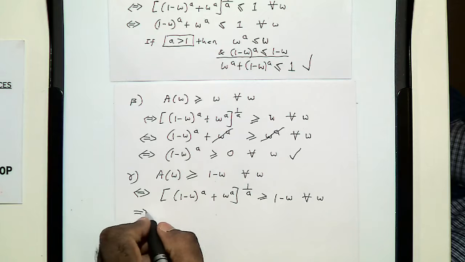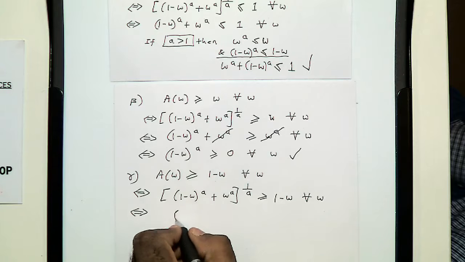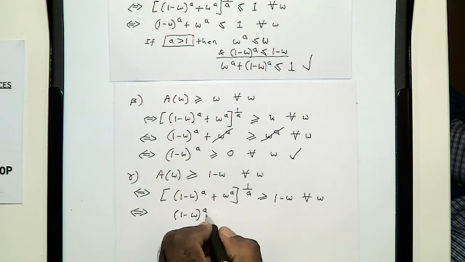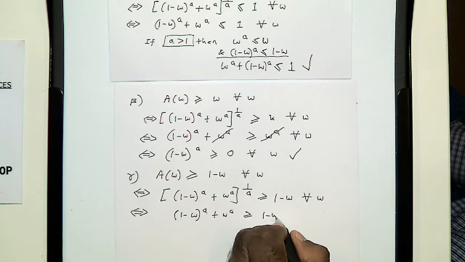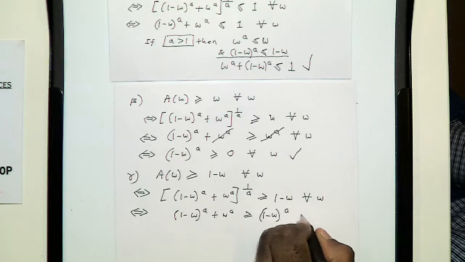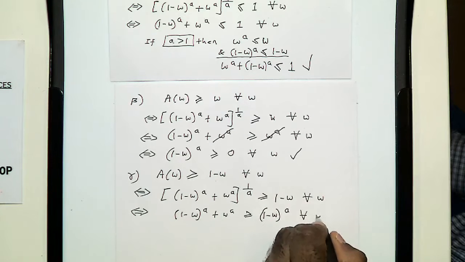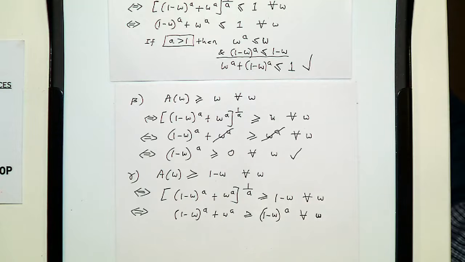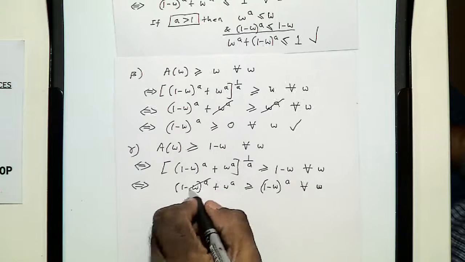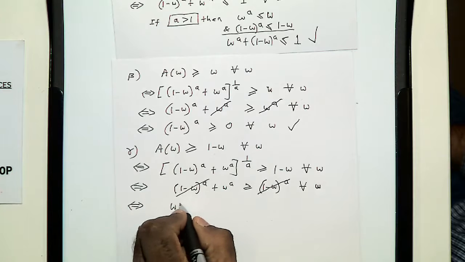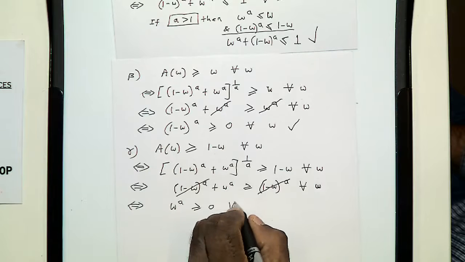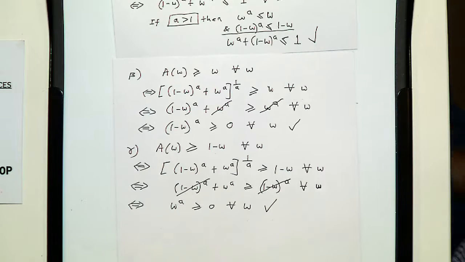And this is the same as saying that, okay. All right, now these two guys cancel out. So what you have is w to the power omega greater than or equal to 0 for all omega, which is true once again. Okay. So alpha, all three are satisfied.